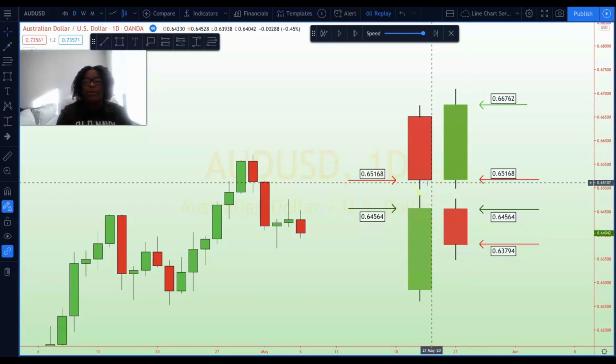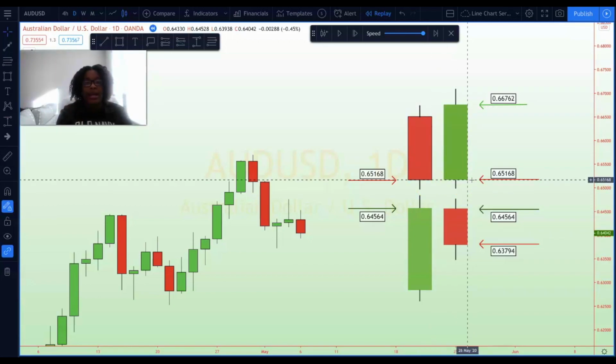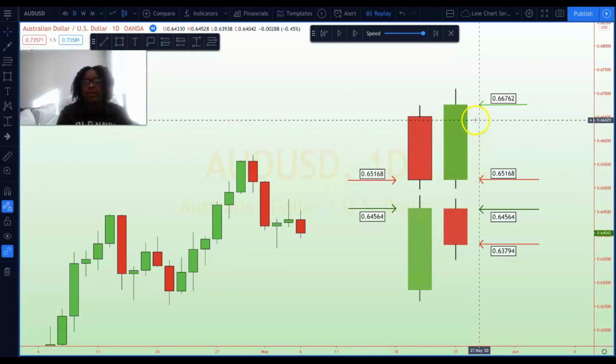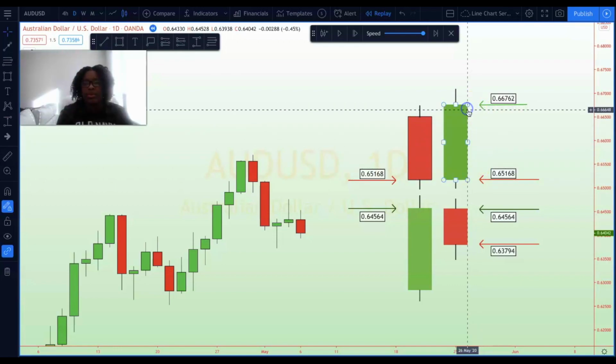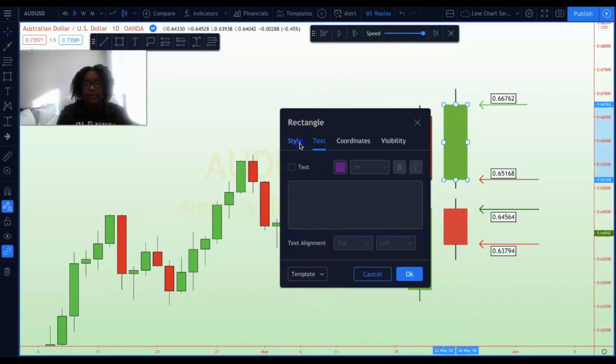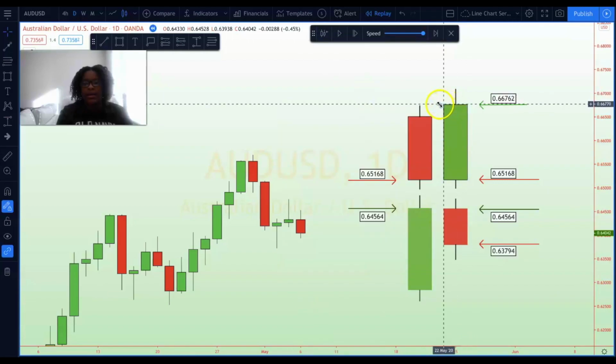So for example, if price closed low at 0.65168 and price began forming at 0.65168, and because it's a green candle, that means that it closed higher than the previous exchange rate, or it closed higher that day. If I just draw the border once again on this candle body, then when price closed, and if I move my crosshair on top of that candle, if you look on the price scale once again to the right hand side, you'll see the grayed out box.